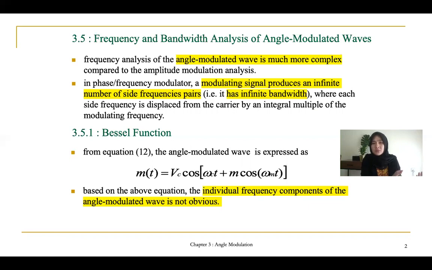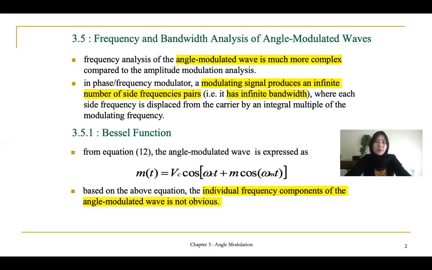The reason is that angle modulation produces an infinite number of side frequencies. Since it produces an infinite number of side frequencies, it automatically has an infinite bandwidth, where each side frequency is displaced from the carrier by an integral multiple of the modulating frequency.